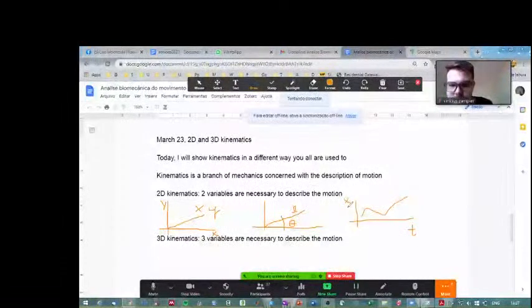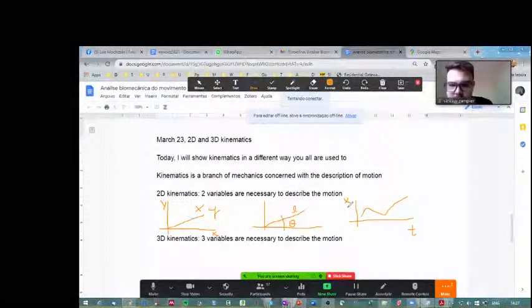So always, when we are doing 2D or 3D kinematics, we can have different reference systems to describe the motion. So that's the real meaning of 2D or 3D.